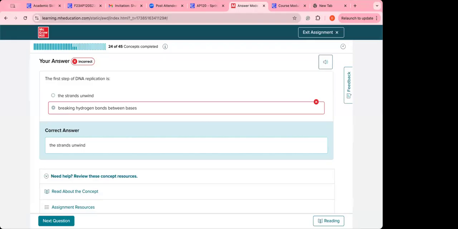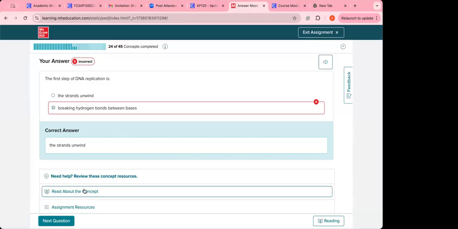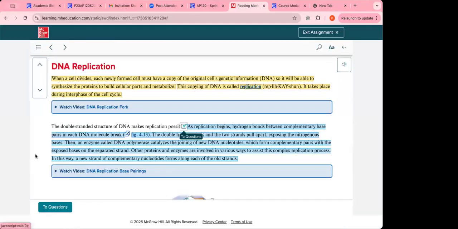So if it's confusing you, I don't blame you. Because it just said they break the hydrogen bond between, but I guess it's... go back to the reading because I don't know. Yeah, I read that.